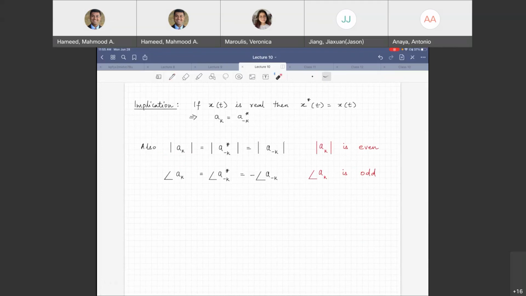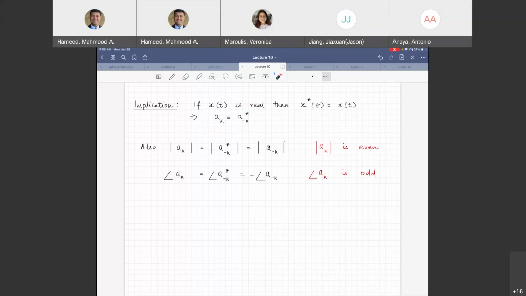Now, let's try to see what happens when x of t is real. If x of t is real, then we can say that x complex conjugate is the same as x of t. If that is the case, then the Fourier series coefficients should also be the same. So a sub k, in that case, will equal a sub minus k complex conjugate. That is for the Fourier series coefficients. Think about that.